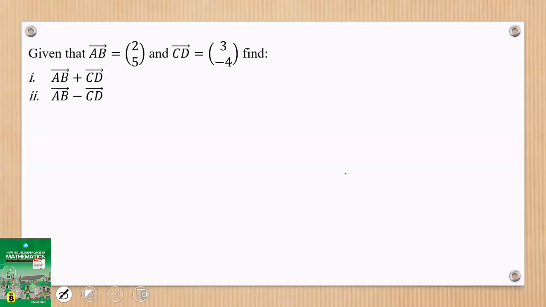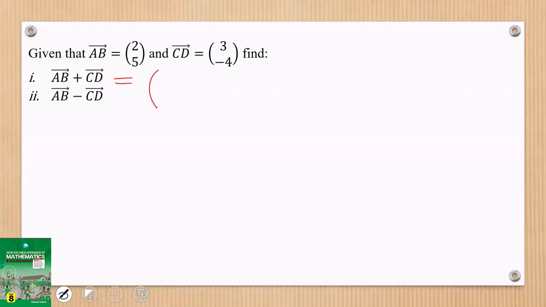Now let's see an example. Let's say I'm giving vector AB as (2, 5) and vector CD as (3, -4). I want to find vector AB plus CD, and in a simple way, there's no need for me to draw this graph to use the diagrammatical means. I can just do algebraic means by adding only the x component and the y component.